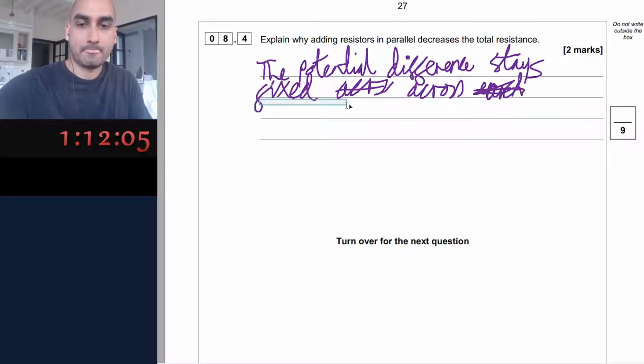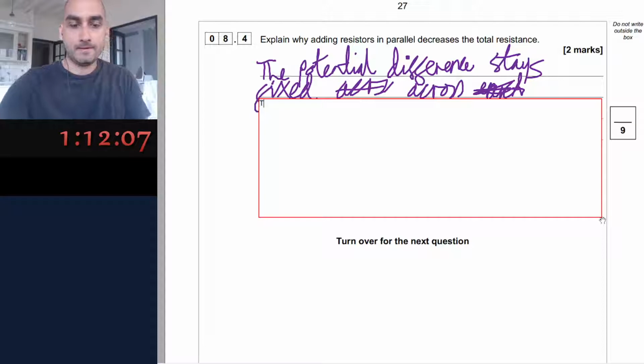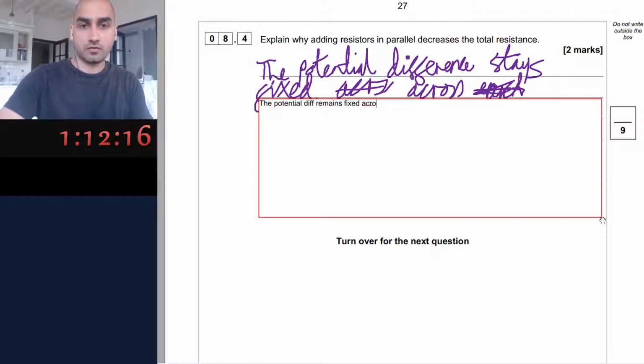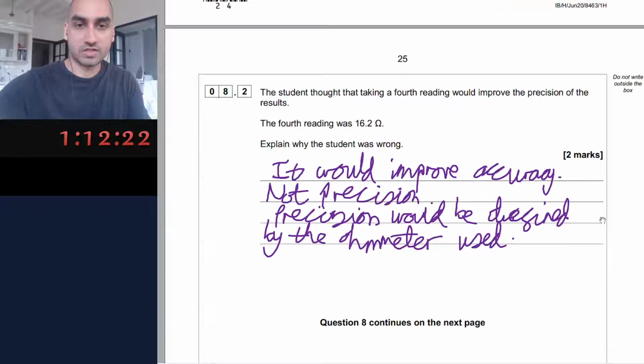The potential difference remains fixed across each pair. Let's look at the circuit again.